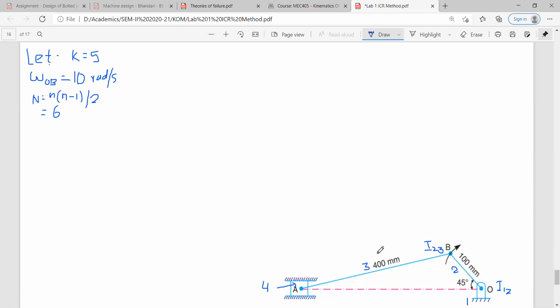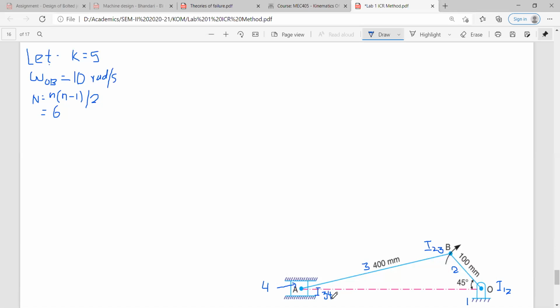Next, move on to point A. At point A, which 2 links are connected? Link 3 and link 4. These 2 links are connected at point A. So at point A, I will mark another ICR, which is I34.